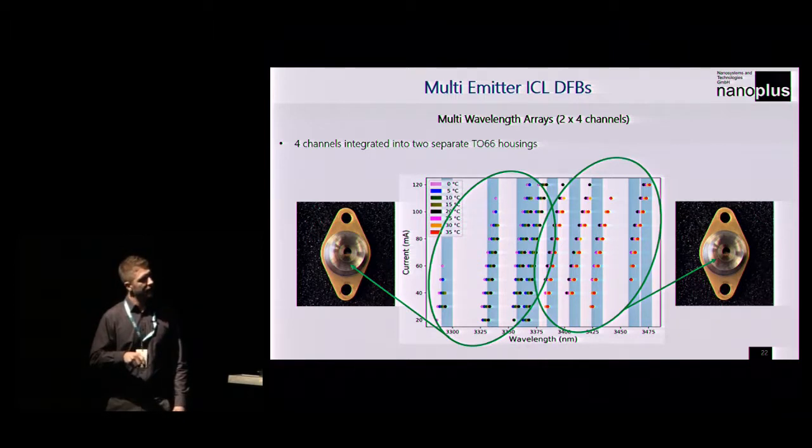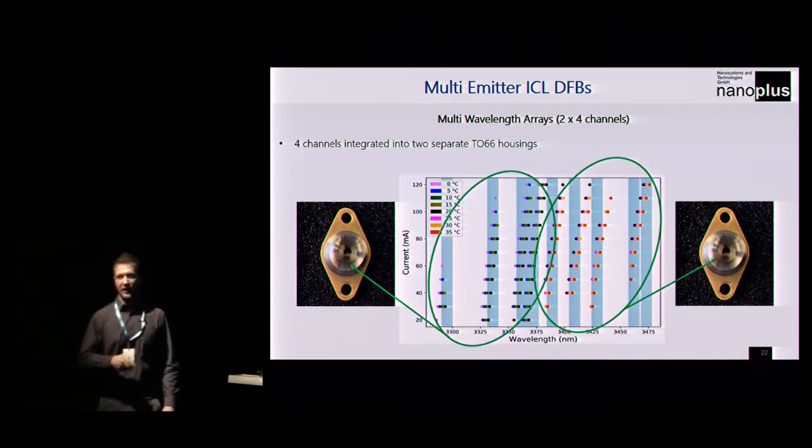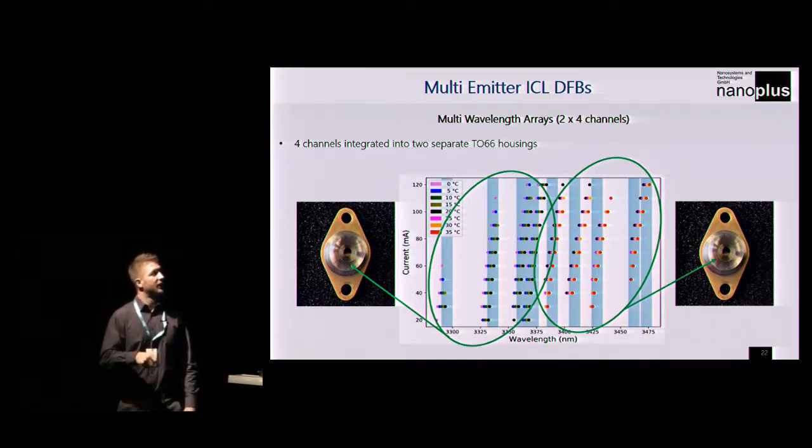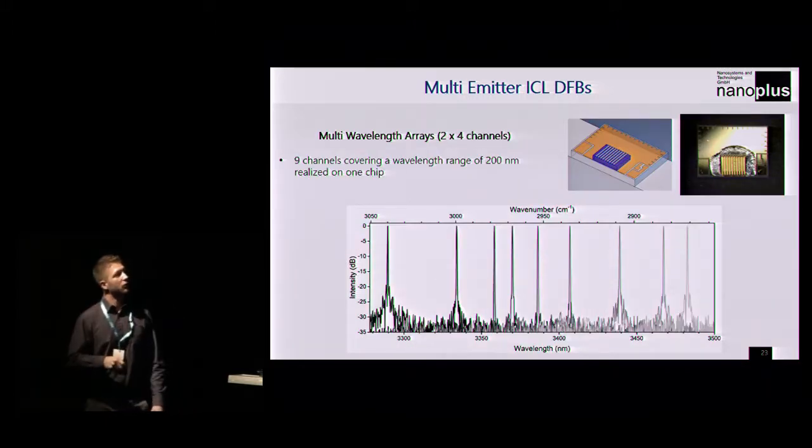With current and temperature, we were able to cover the lower wavelength section with one housing, and in the other housing 4 channels for the longer wavelength section. So with the 2 packages we were able to address 8 wavelength channels, or with a multi-wavelength array that we fabricated on one chip.